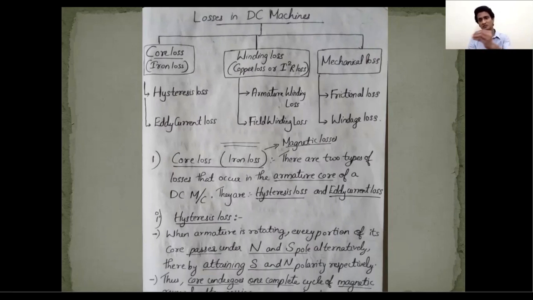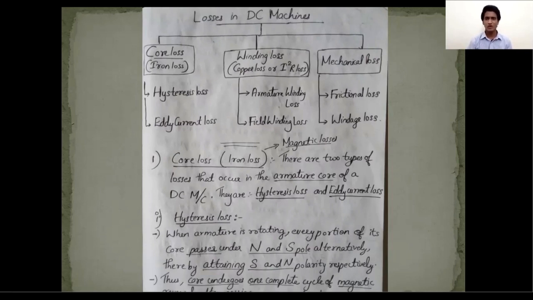Similarly, when it passes through the south pole, a north pole will be developed in my armature. Thus, it is understood that the core undergoes one complete cycle of magnetic reversal after passing one pair of poles.